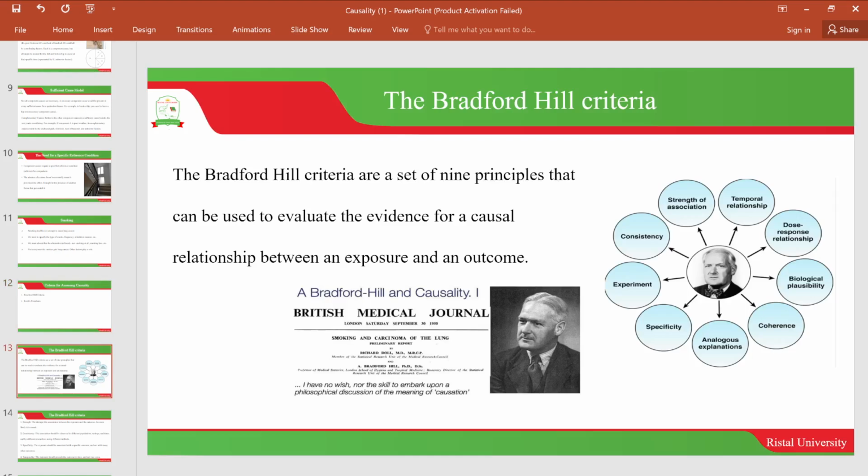So what is this Bradford-Hill criteria all about? It is about establishing a link about causal relationships.